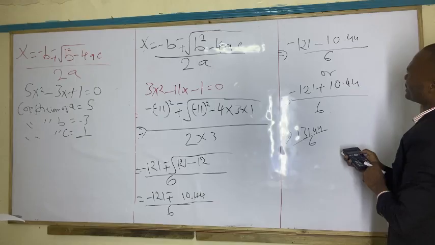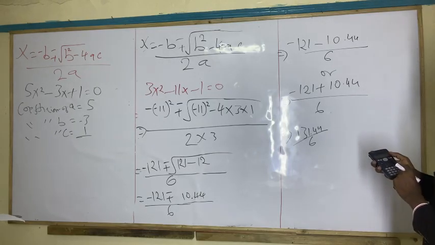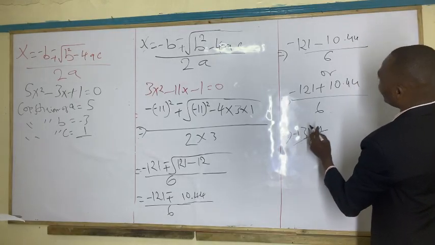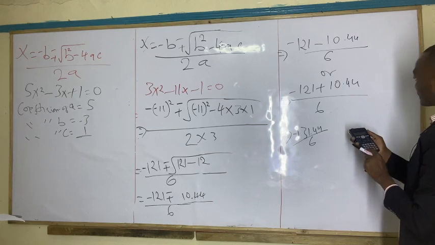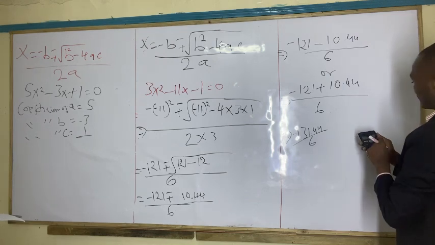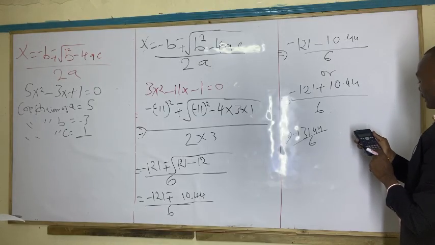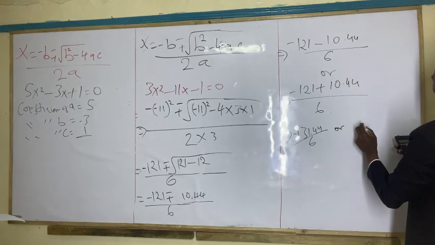Where is the same number? It can't be the same number. So one, this should be a negative, because negative 121 minus 10.44, yes, over 6. Then this is negative 121 plus 10.44.